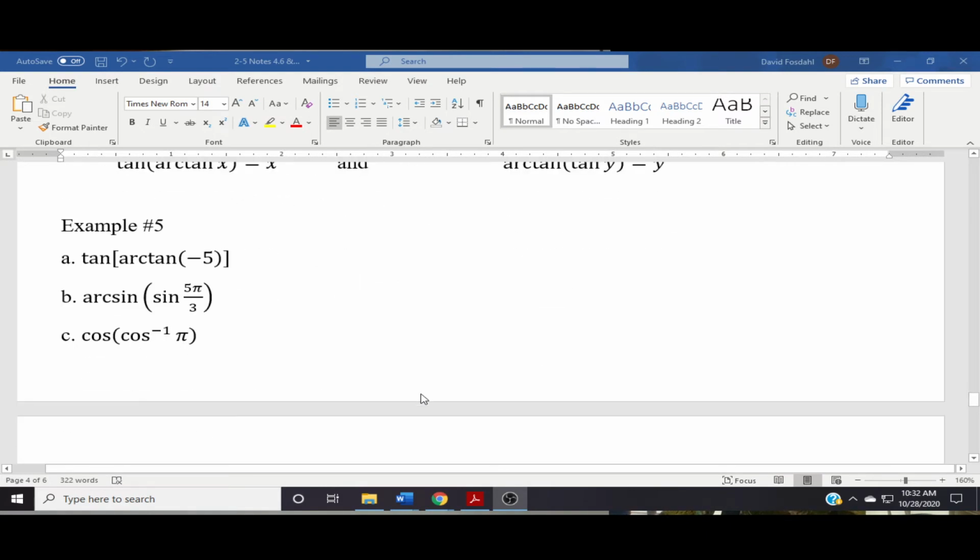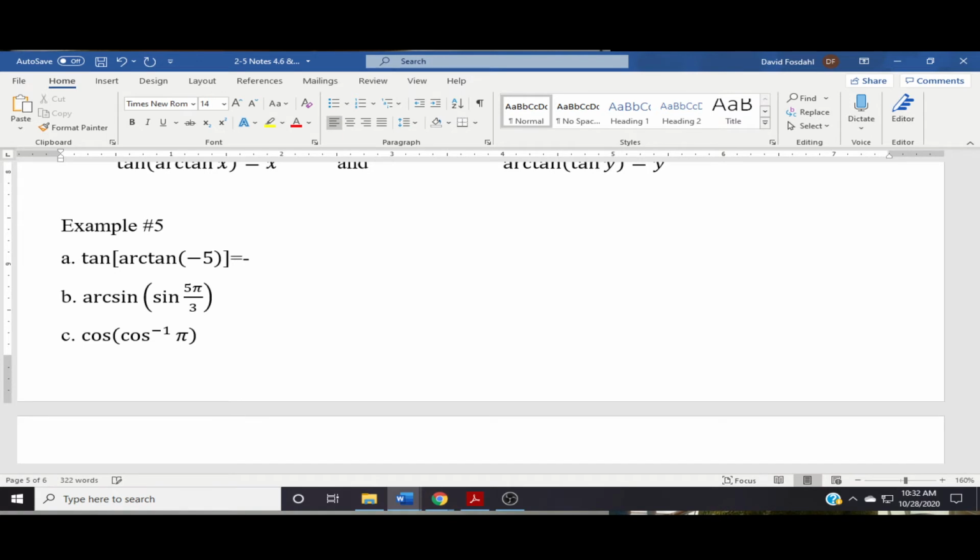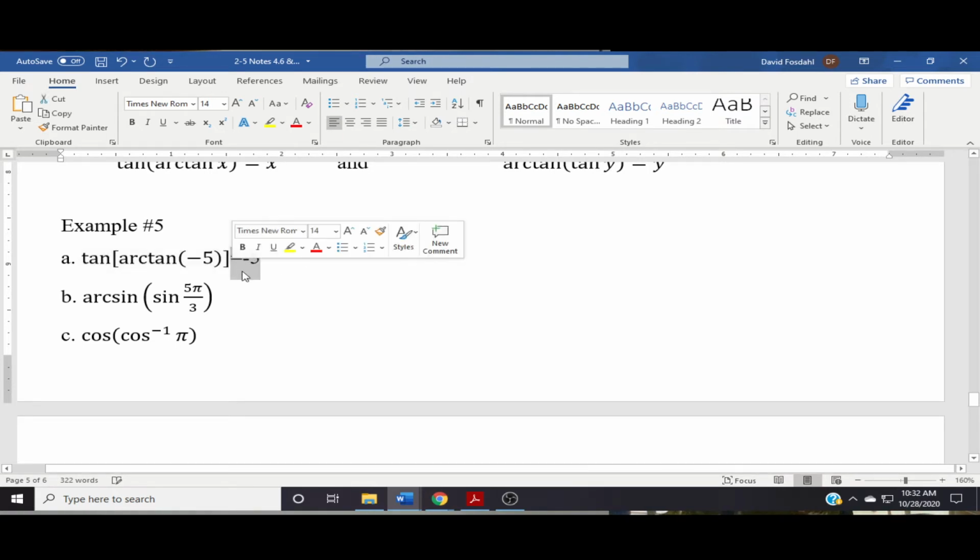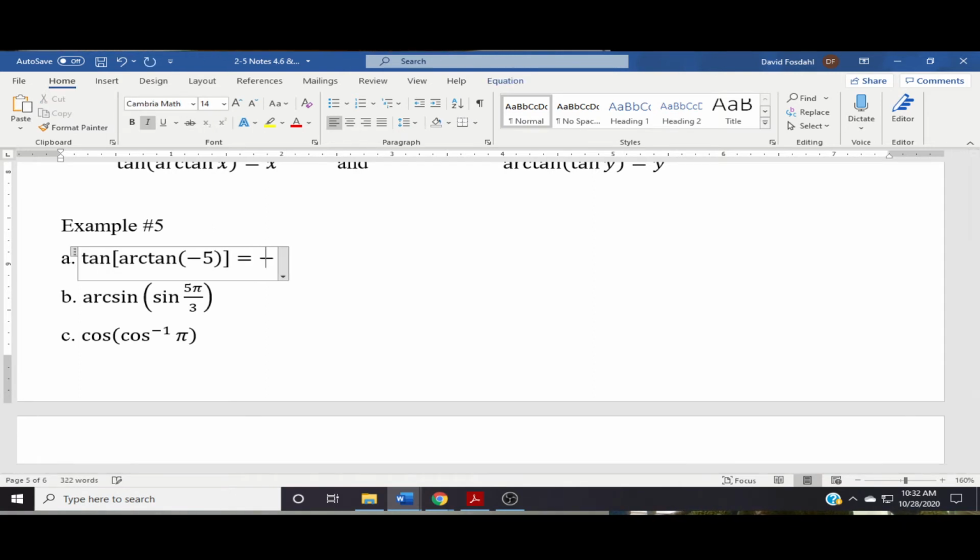So, let's look at these examples. Tangent of arctangent of -5 equals -5. That's pretty straightforward. Arc sine of sine of 5 pi over 3 is just going to equal 5 pi over 3.